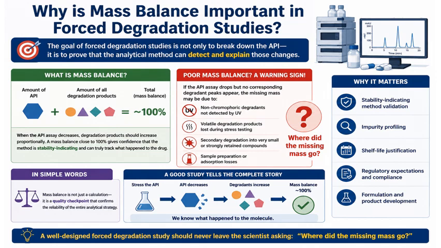That 1% mass may be missing because of secondary degradation, because of volatile degradation, or maybe because of non-chromatographic degradants which are not detected by UV, or it may be lost because of sample preparation or adsorption loss. So it is not that you will always get 100% as a mass balance.